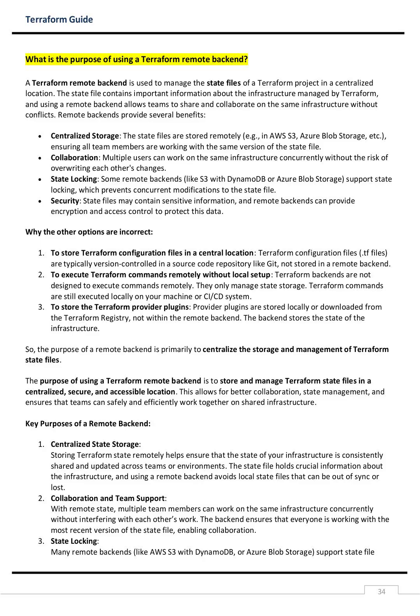State locking: some remote backends, like S3 with DynamoDB or Azure Blob Storage, support state locking, which prevents concurrent modifications to the state file. Security: state files may contain sensitive information, and remote backends can provide encryption and access control to protect this data.